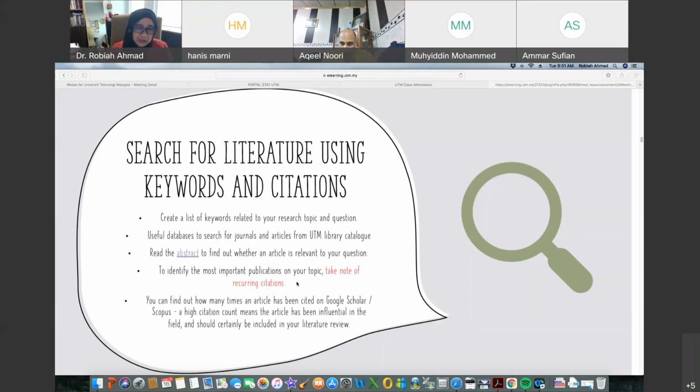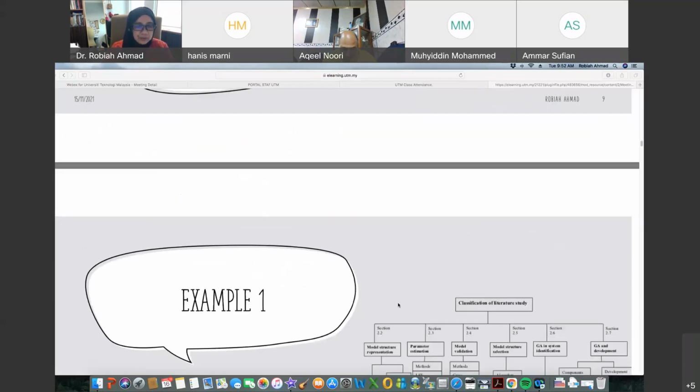So please take a look at it, and how relevant it is to your research, take notes on that. And then you can also find how many times an article has been cited on Google Scholar and Scopus. So if you have a very high citation count, it means that this paper has always been referred to.